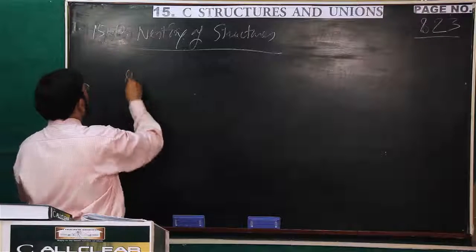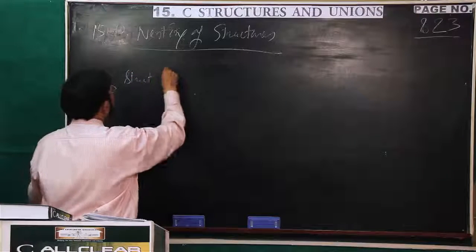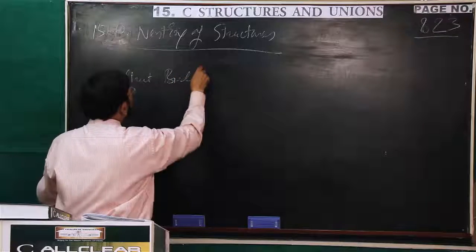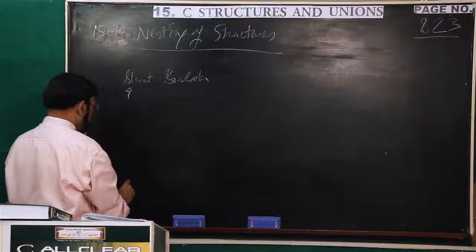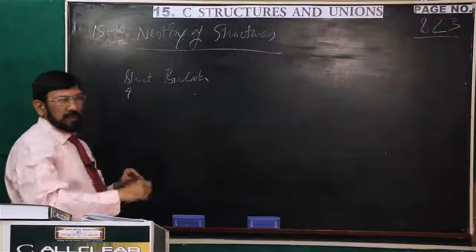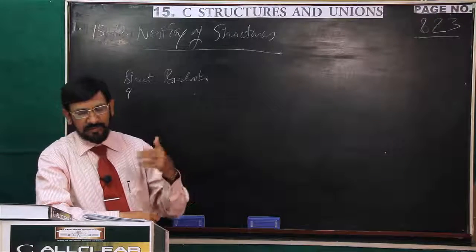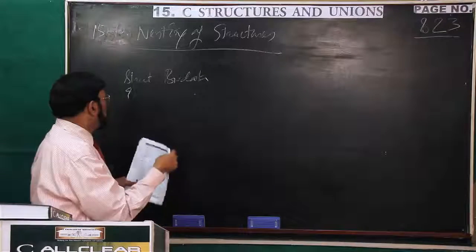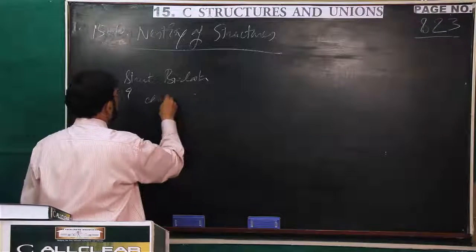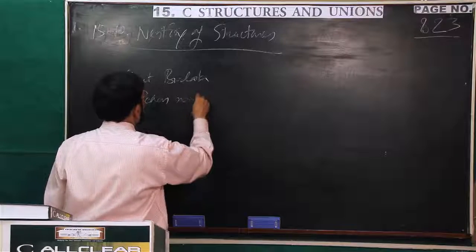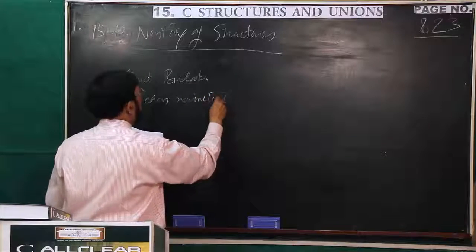Now, let us declare a structure of biodata. Biodata is a single item, and it consists of several items. Now, what members am I defining? char name[10], one string.